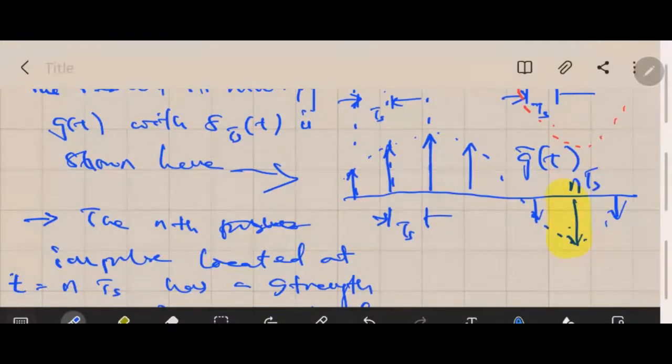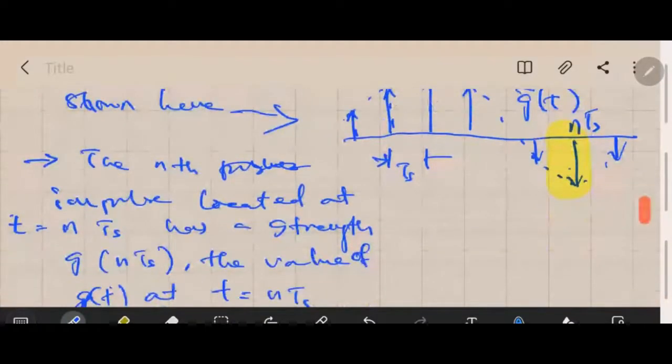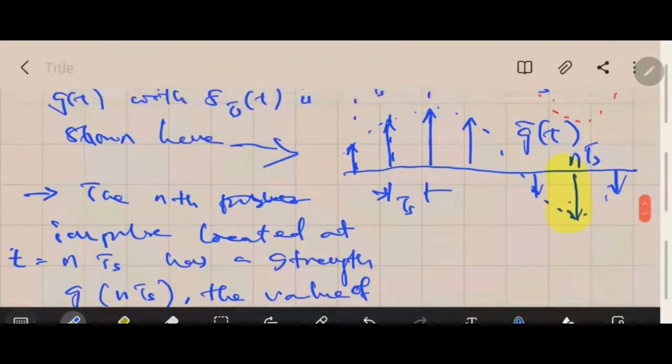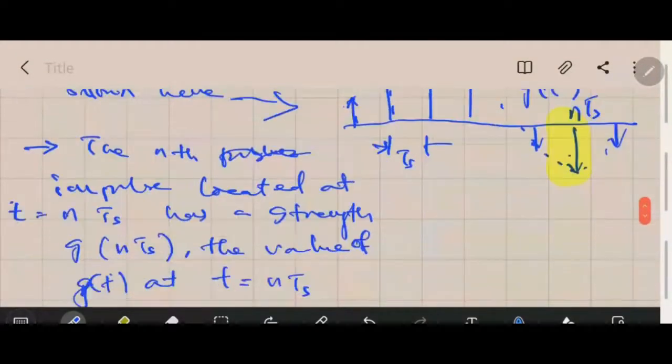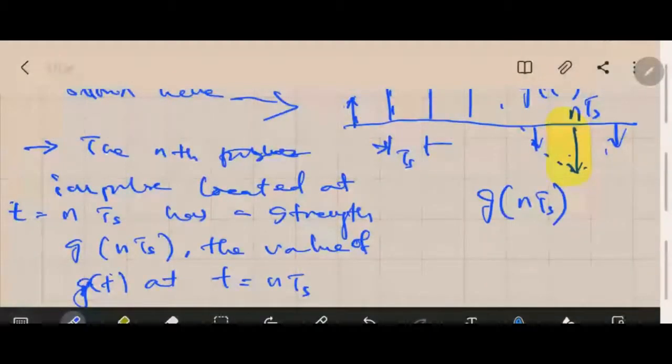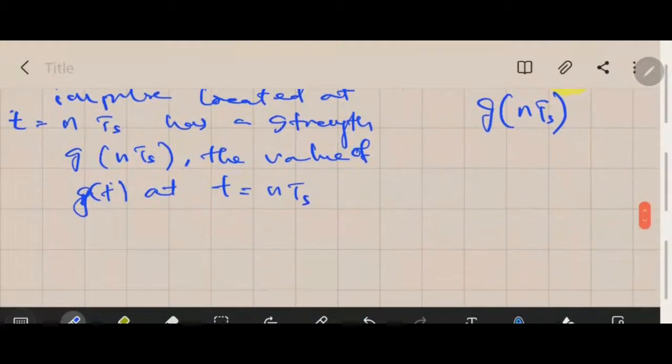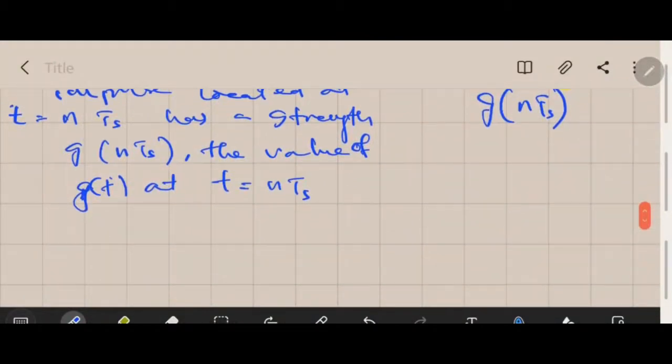It is exactly the amplitude of g of t at that time, which is g of nts. This is in accordance with the derivations that we did in chapter 1. So now that we have got this sampled signal, let us do one more thing.